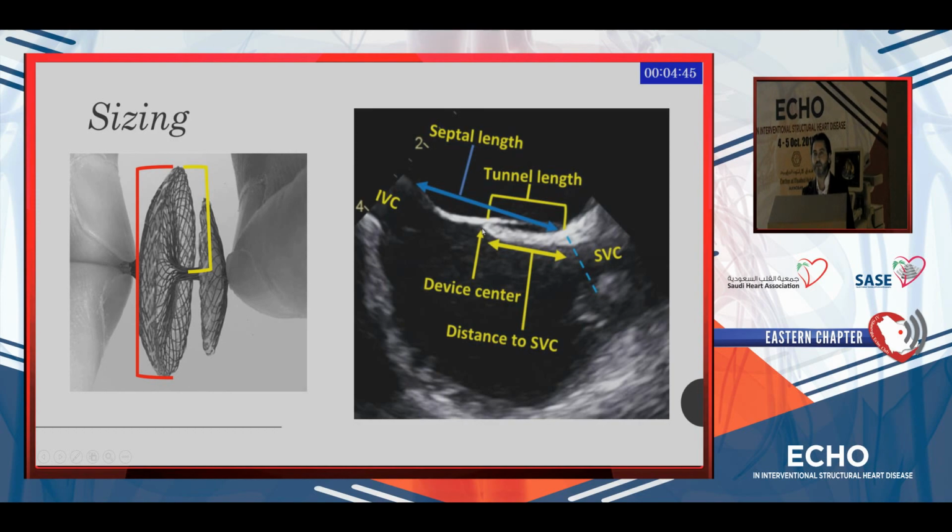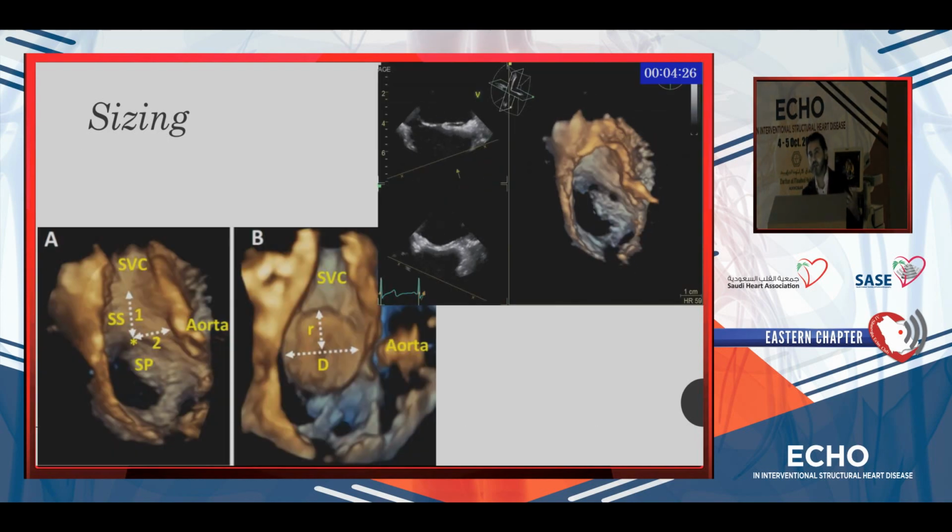Your device center will be somewhere here. So the radius should not be more than the distance to the SVC, otherwise it will reach the SVC. Also, the diameter of the device should not be more than the septal length, otherwise it will touch the IVC and maybe the posterior wall.